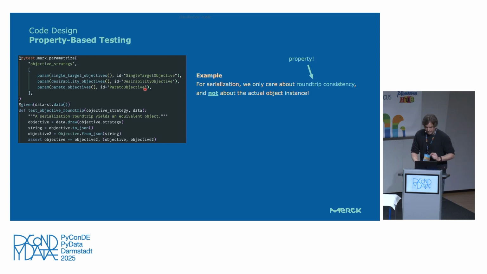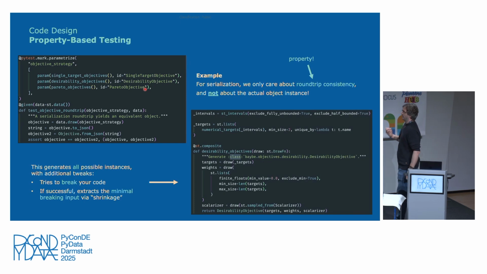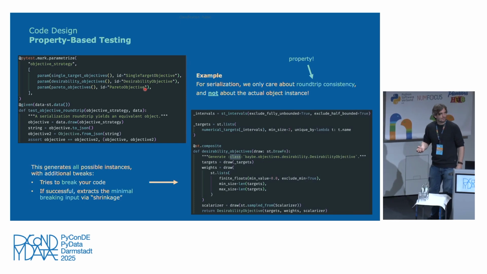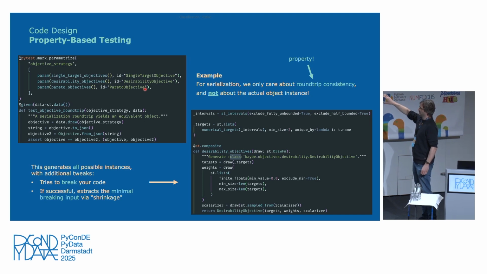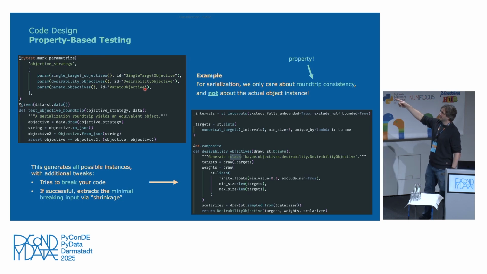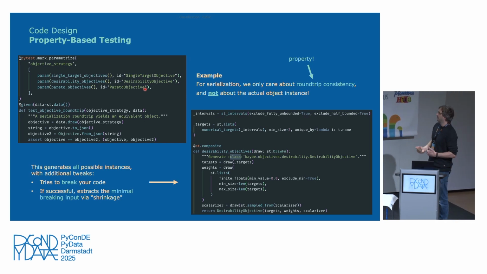And how Hypothesis does it, you can specify a way to generate different inputs. This is the corresponding Hypothesis code that would now generate random objects of the type objective that we need to test. So you can basically define this sampling process, but it's much more than just that.